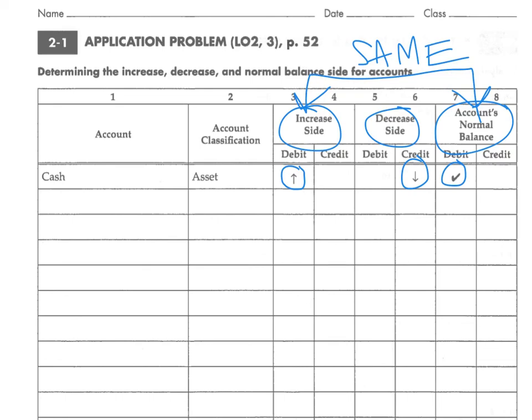So we're going to move on to accounts receivable. Dash Tyler Choi. You could refer back to your work together, or just remember that accounts receivable is an asset because we are going to be receiving the money. So we would own it.